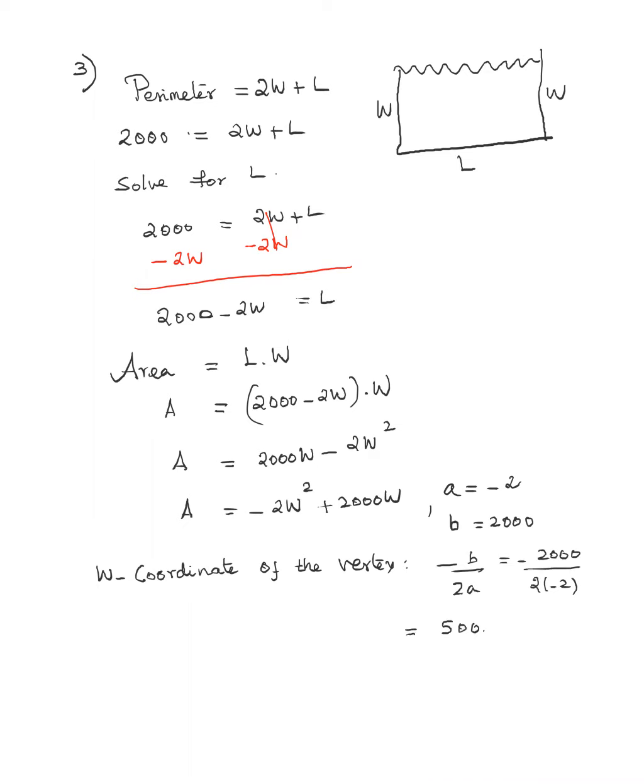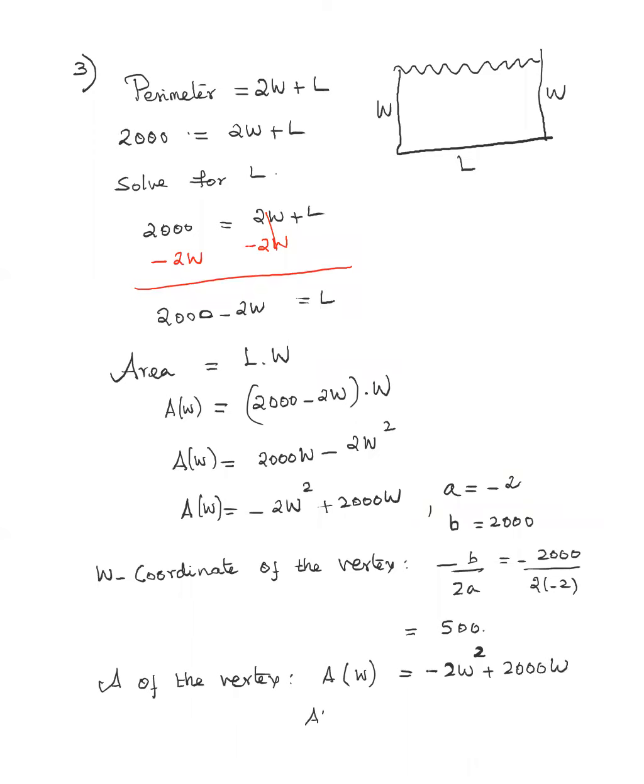And then the area at the vertex, we have to plug in w into A of w. Everything is in terms of w. So A of w, you plug in w as 500.